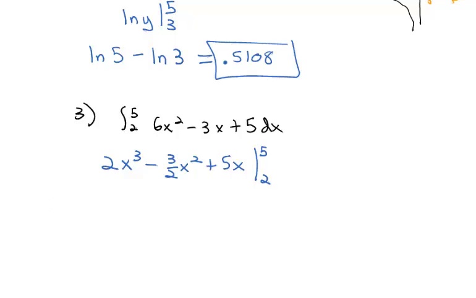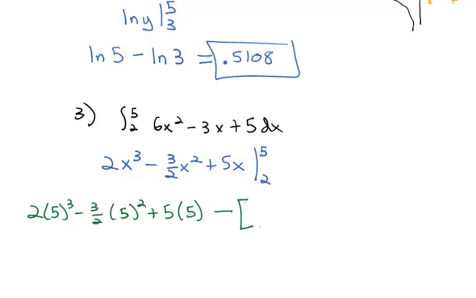So, when we plug 5 in, we have 2 times 5 cubed minus 3 halves times 5 squared plus 5 times 5. Minus, and now this is very, very important. Just like when we were finding derivatives, that minus sign has to be in front of parentheses.